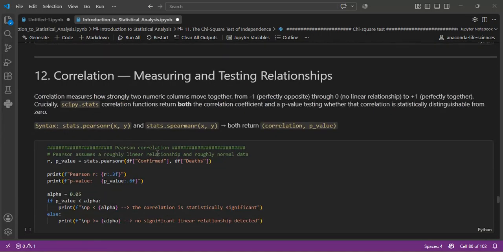If you recall, when we were doing the matplotlib plotting, we came across some scatter plots.